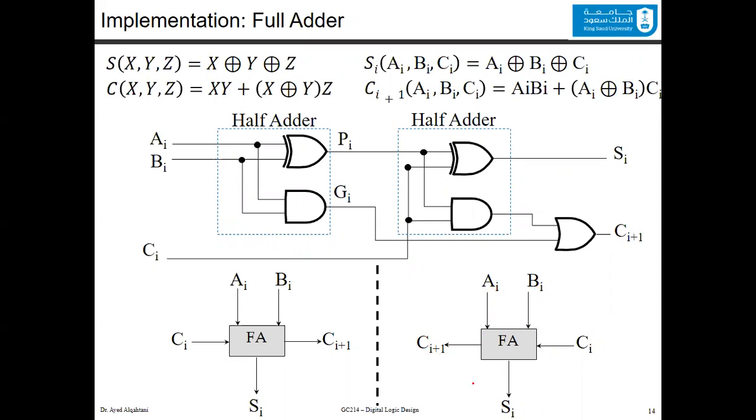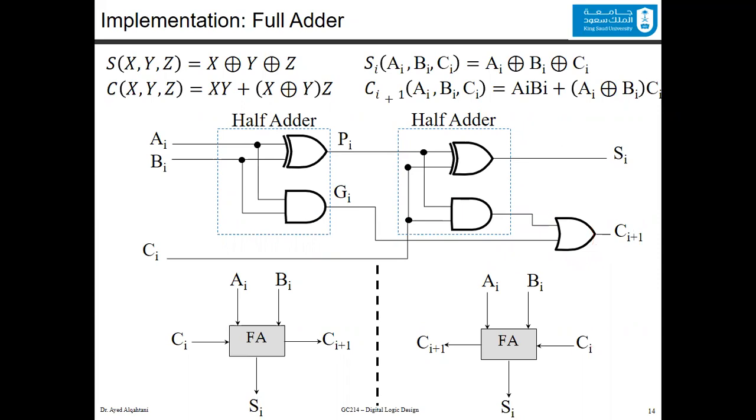You could have the full adder this way or the other way around, meaning that we make the carry go in this direction, from the carry input to the carry output, or in this direction. So now this is a good conclusion that the full adder is actually composed of 2 half adders with another OR gate.